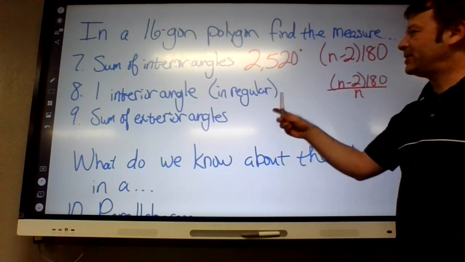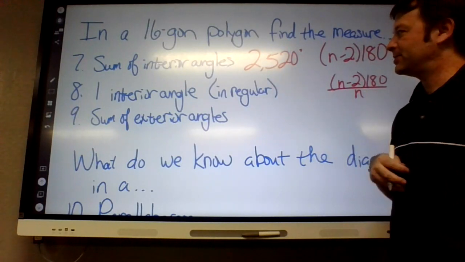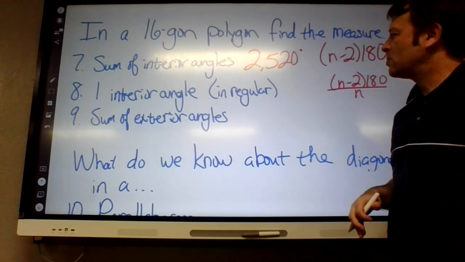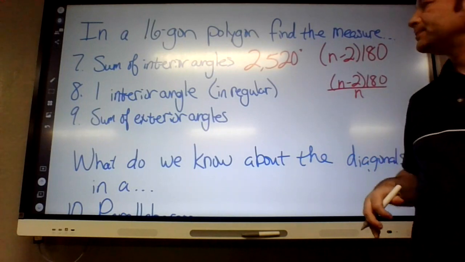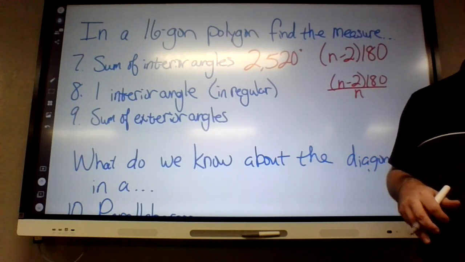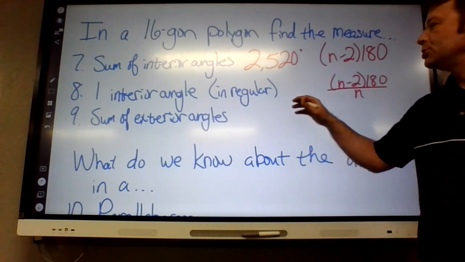Okay, so for A, you take your answer on number 7 and divide it by how many sides there are, 16. What's that come out as? 157.5.